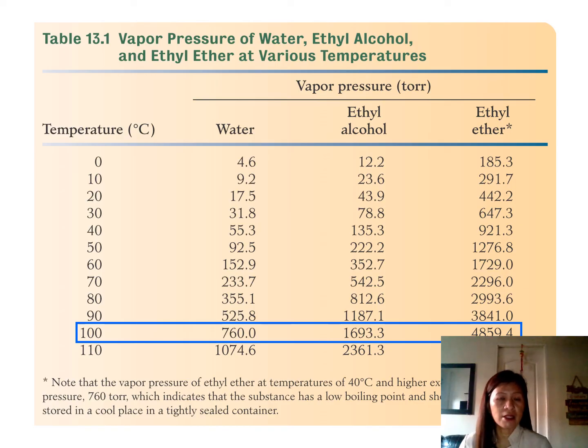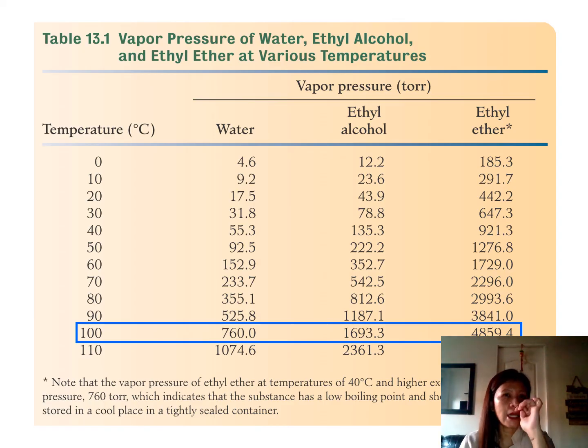Water requires 100 degrees Celsius para ma-reach na yung 760 torr and boil, while ethyl ether requires much less energy to reach that atmospheric pressure, for its vapor pressure to become equal with the atmospheric pressure and boil. So when you compare the boiling points of the three, alin sa kanila yung pinakamataas? Of course, that of water, at ang pinakamababa ay ang sa ethyl ether.